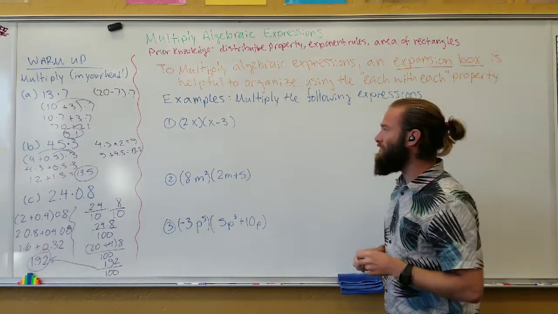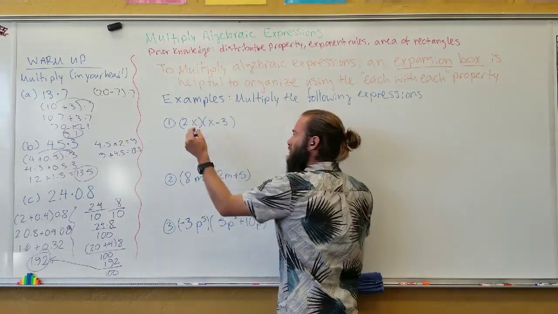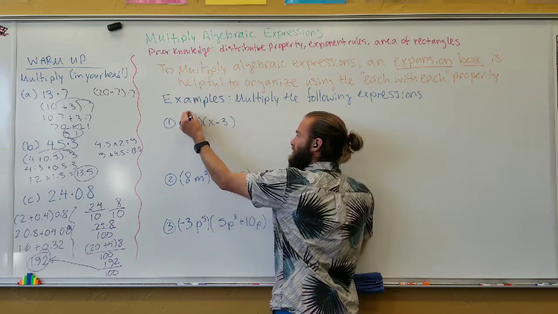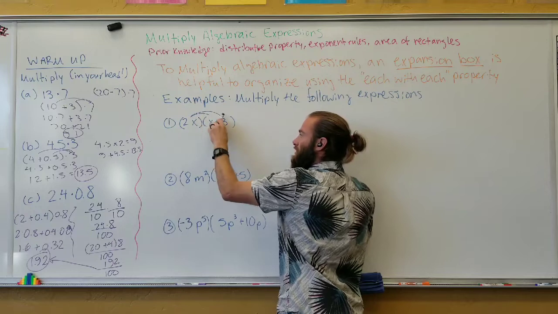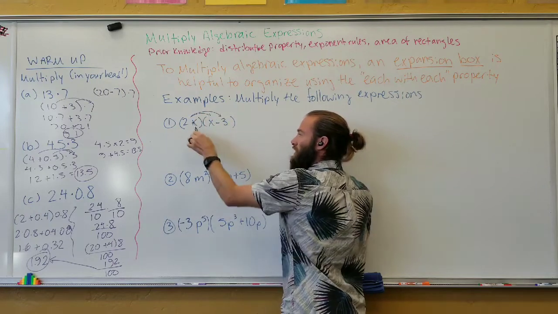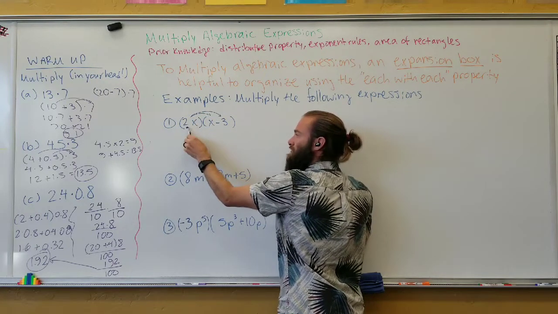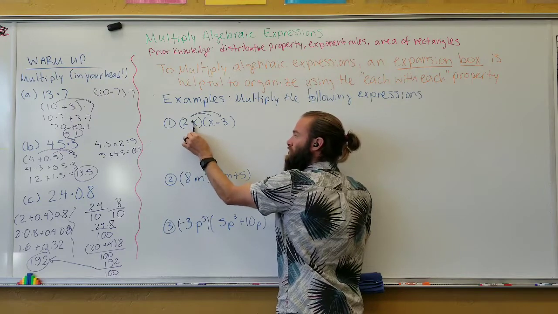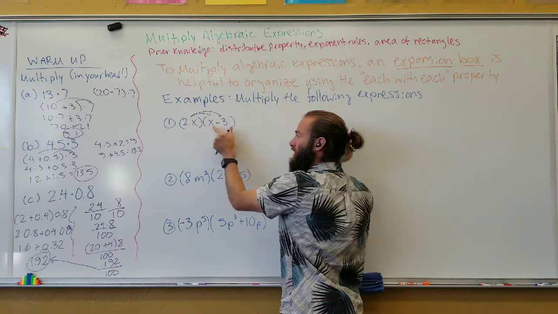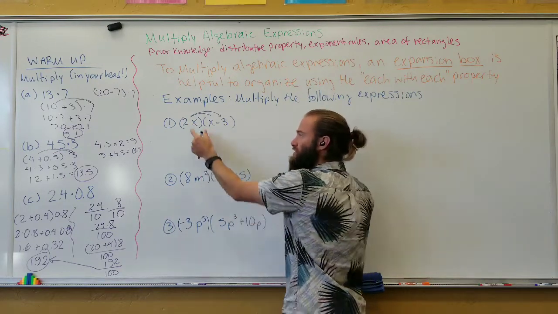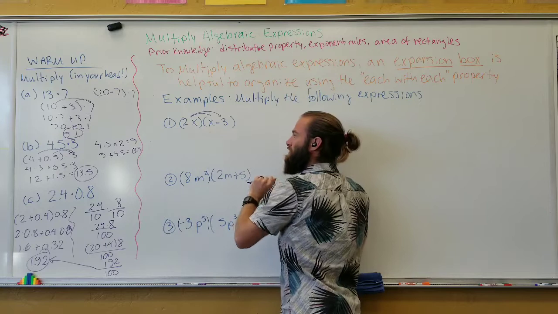So again, a lot of you are probably familiar with the fact that I could just, like I did before, distribute. Sometimes we use these little arrows or whatever to show, to distribute this one. Don't forget, this is one term, right? 2x is a product, and that counts as one term. So this only has one thing, and that has two things. So when I say each with each, there's only one thing to go with each of those things, right?